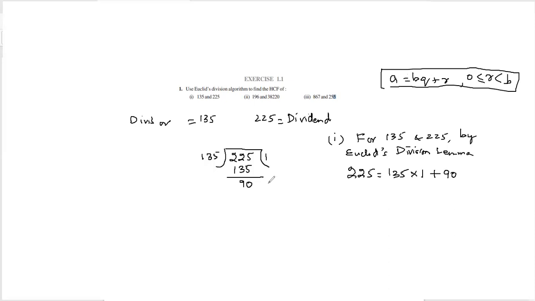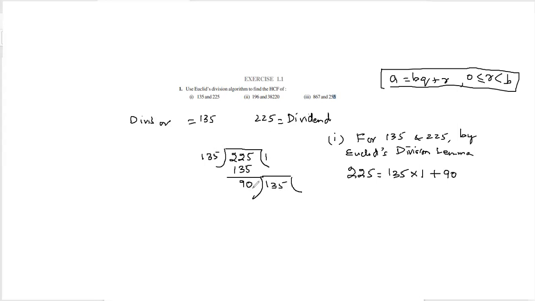So first you will divide, then now this division is not the same division that we are doing. Now we will make 90 the divisor, and this 135 will become the dividend in the next step. Means here we will write now 135. Now we will divide 135 by 90.